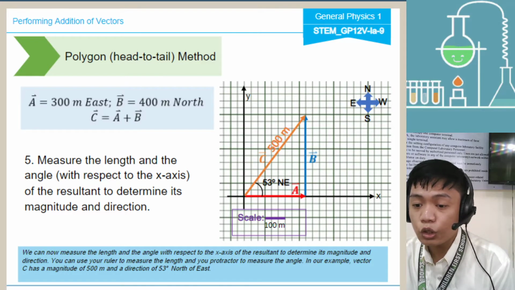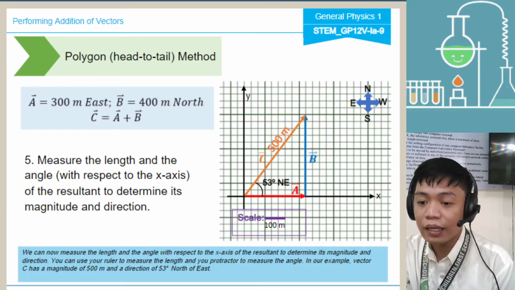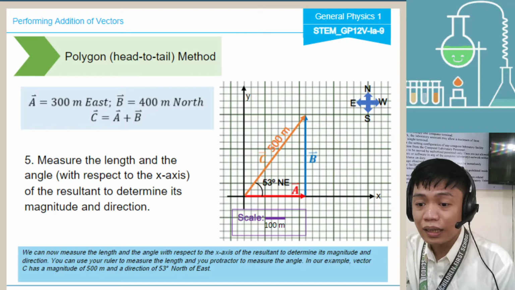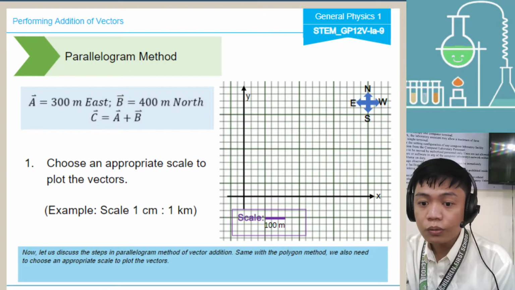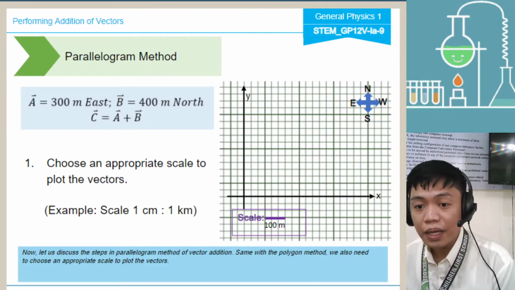But if you use a protractor or any measuring device in order to define the angle, you could see that it is 53 degrees. So that is how you determine the magnitude and the direction of the resultant vector. So that is for the head-to-tail method.